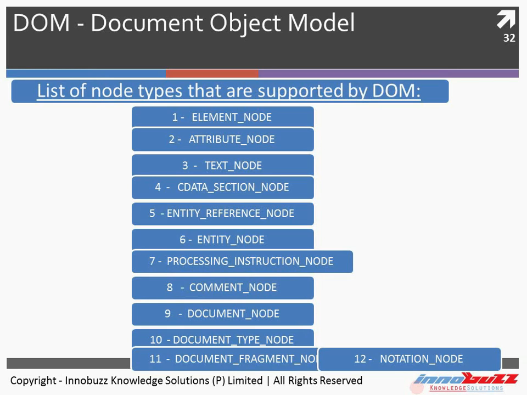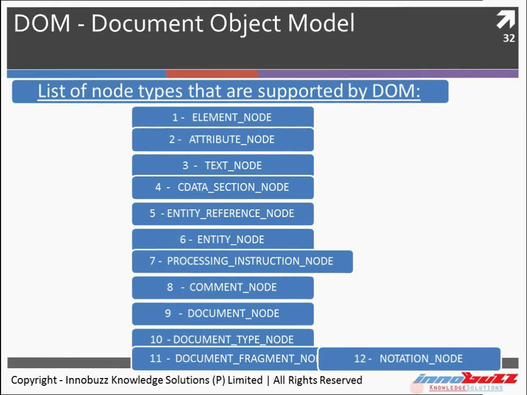Processing instruction node, 7. Comment node, 8. Document node, 9. Document type node, 10. Document fragment node, 11, and finally notation node, 12. So these are the node types that are supported by Document Object Model.